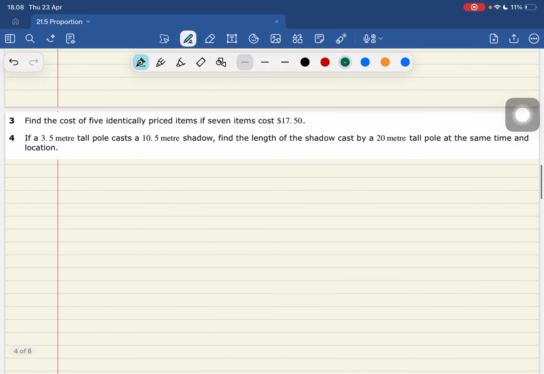Question 3: Find the cost of 5 identically priced items if 7 items cost 17.50. So this is 5 to 7 equal to x to 17.50.